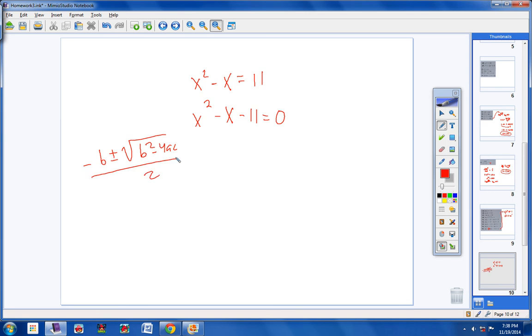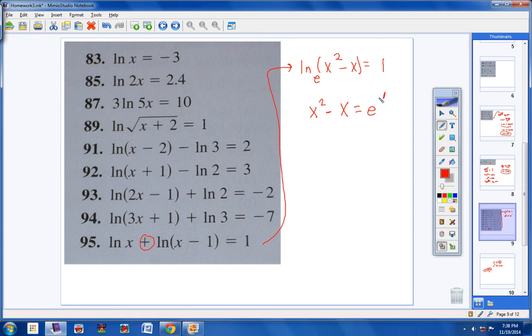Well, 11 is a number right here. Well, guys, look, e is a number. So bring it over and make it negative.